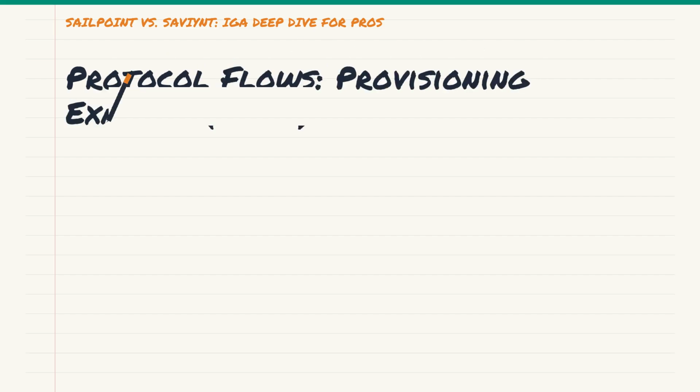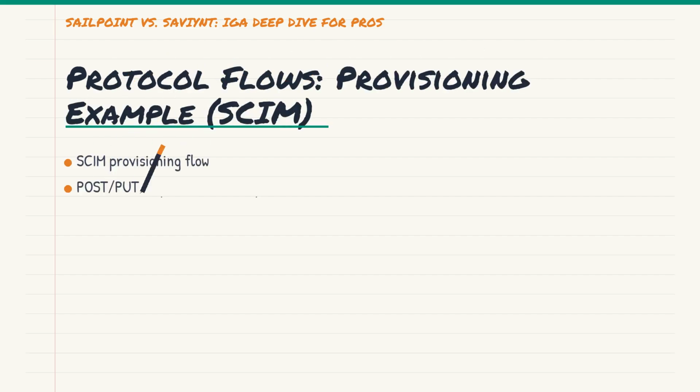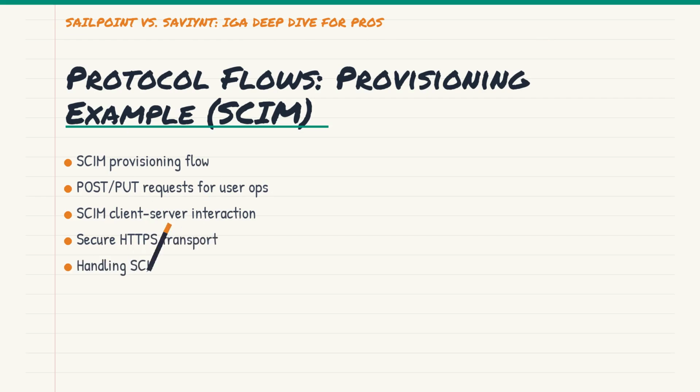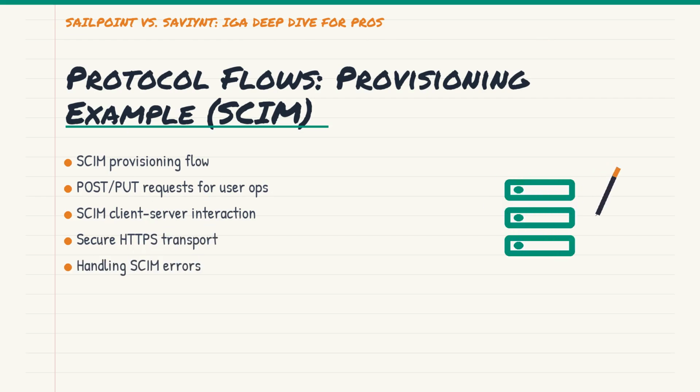Consider SCIM, System for Cross-Domain Identity Management, for provisioning a user to, say, Office 365 or Salesforce. The IGA tool, acting as the SCIM client, would send a POST request to the target application's SCIM endpoint with the user's details: name, email, groups.